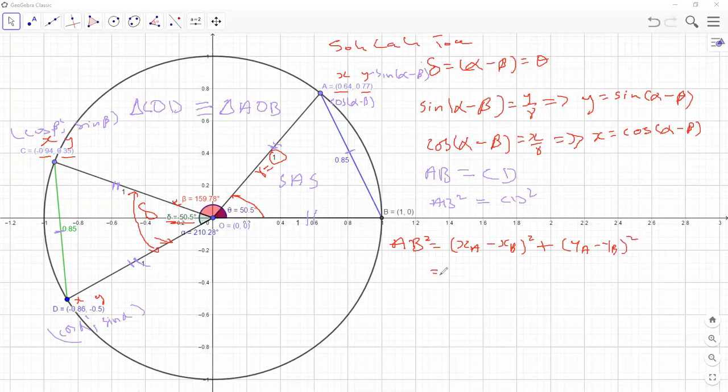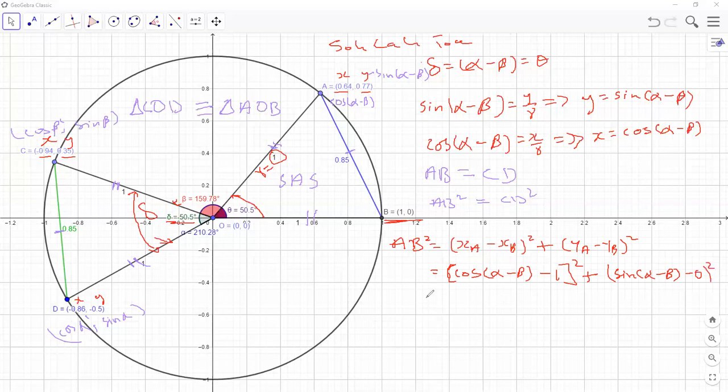Let us look at coordinate A. The x at A is cos alpha minus beta. Minus, what is the x at B? It is 1. This is squared. Plus, what is the y at A? At point A, it is sine alpha minus beta. But the y at B is 0.